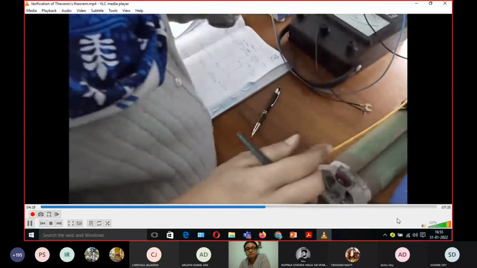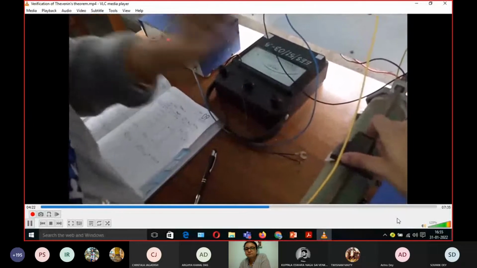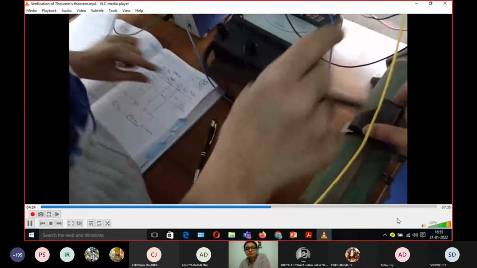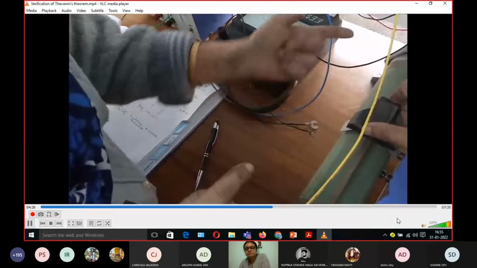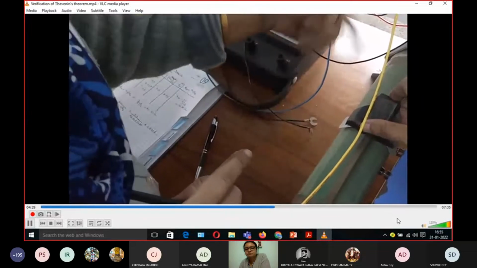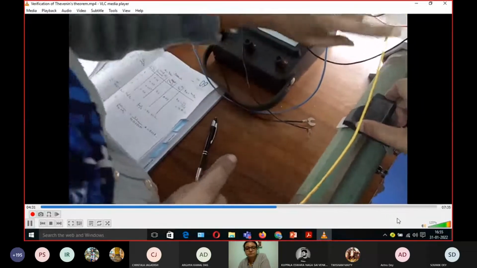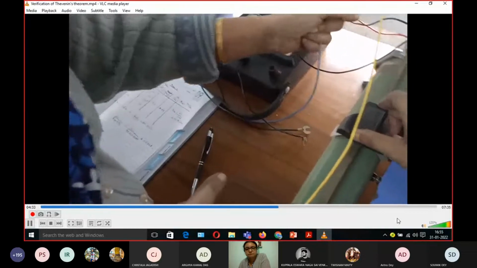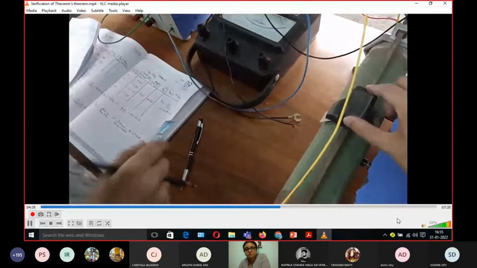In between we also need to take some readings, for which we will keep it at 25%, 75% and 100% of the resistance value, and for short circuit we will keep it at 0.